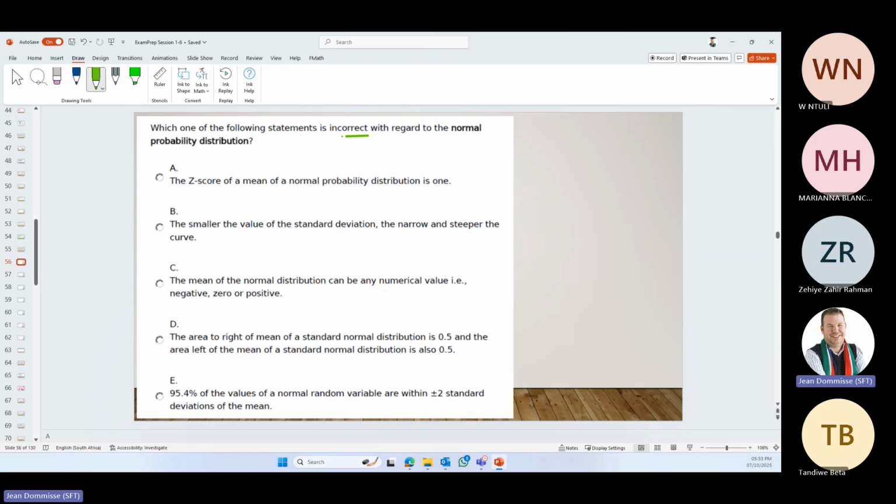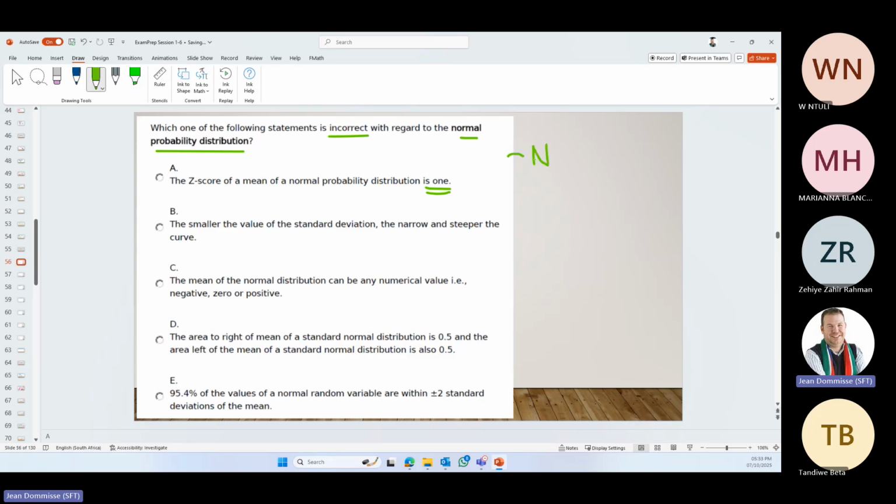That is important with regard to the normal probability distribution. The first option: the Z score of a mean of a normal probability distribution is 1.